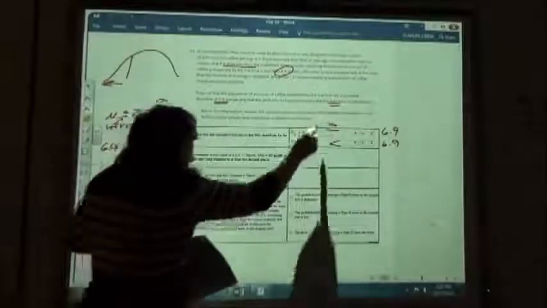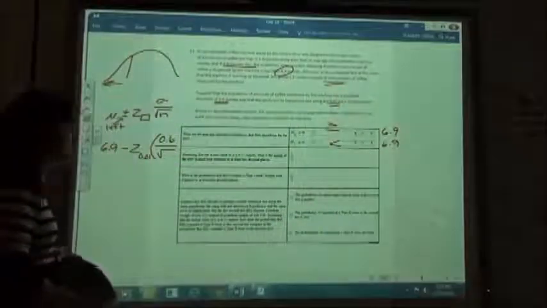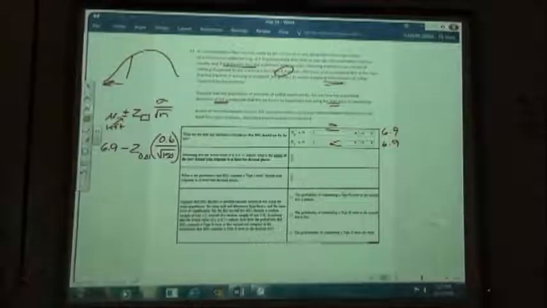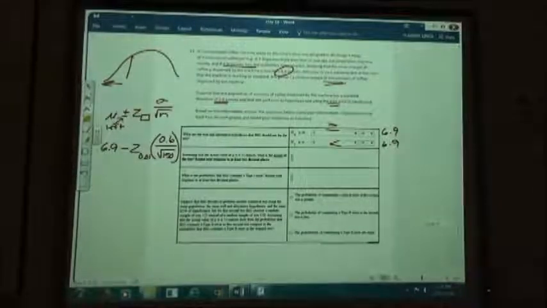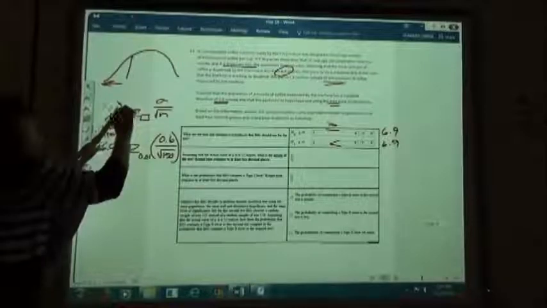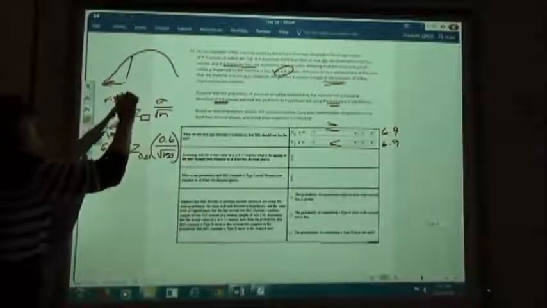N, we sampled 150. That's the first thing we're going to do. So put this into your Aleks calculator and find that answer first. I'm just going to write a little note: plus if it's to the right, minus if it's to the left.